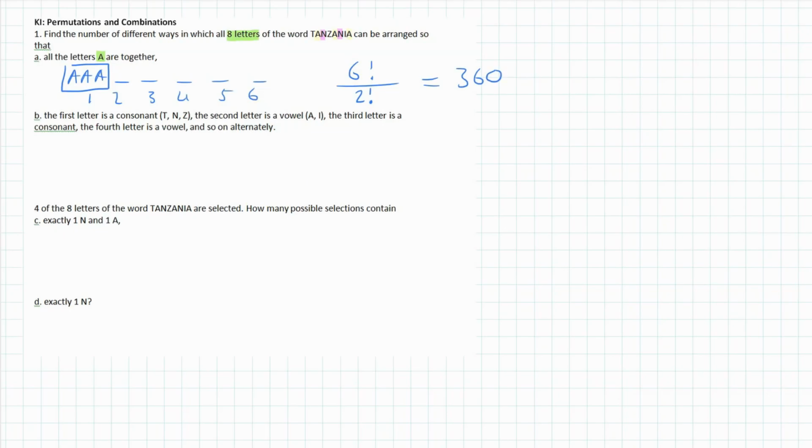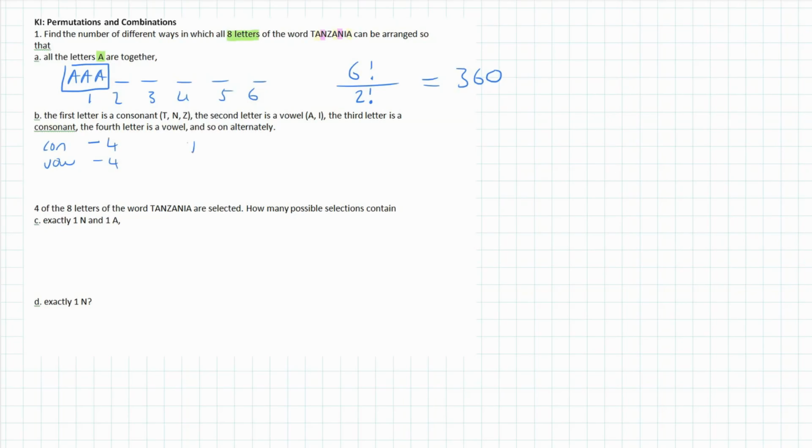Now the next one, the first letter is a consonant, the second letter is a vowel, the third letter is a consonant, the fourth letter is a vowel, and so on alternately, and we've got to find the number of different ways we can do this. You notice that there's 4 consonants, and there's 4 vowels as well, and we want consonant, vowel, consonant, vowel.